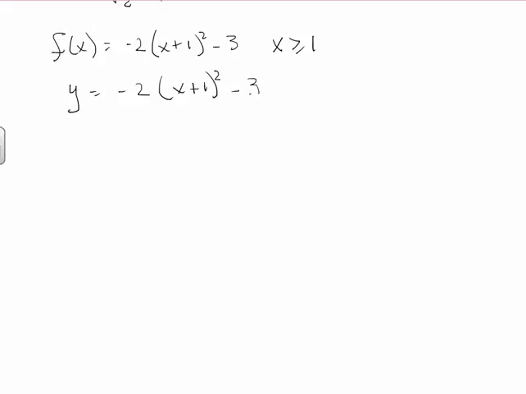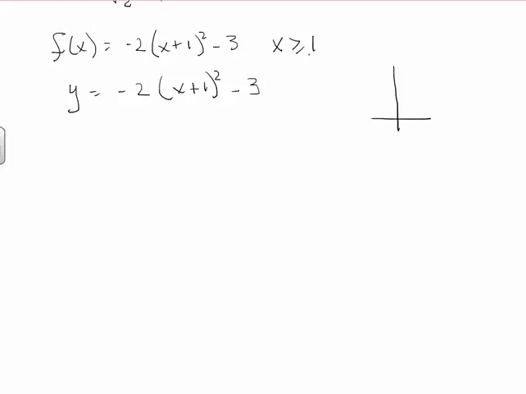Let's do one final example here, and then we're done for today. So if we had a function negative 2(x plus 1) squared minus 3, and we want to state that x is going to be greater than or equal to negative 1, we now know that we want the right side of the original graph, which will also give us the top part of the inverse graph. So algebraically, this is a y. Always good to give yourself that visual to start.